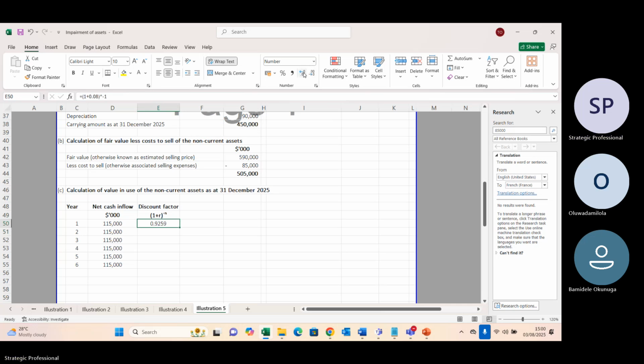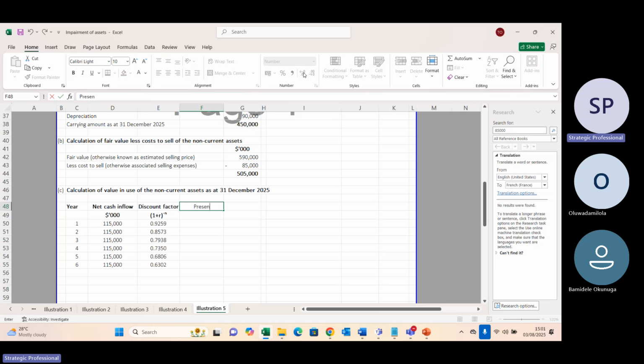The second one is minus 2. The third one will be minus 3. You will notice that the n is changing based on the year. Minus 4, minus 5, minus 6. This is how we get the discount factor. Then the present value is this times the cash flow.